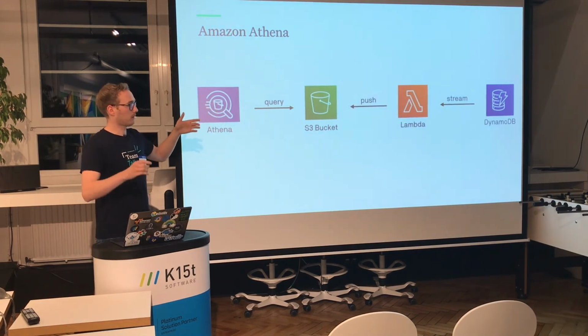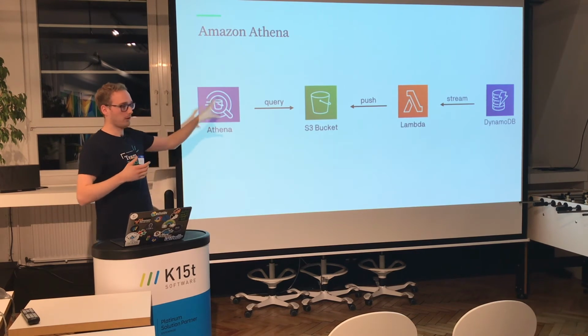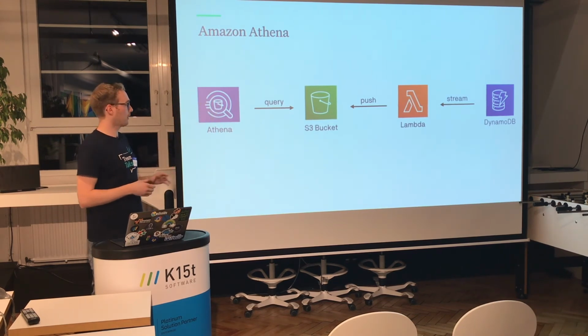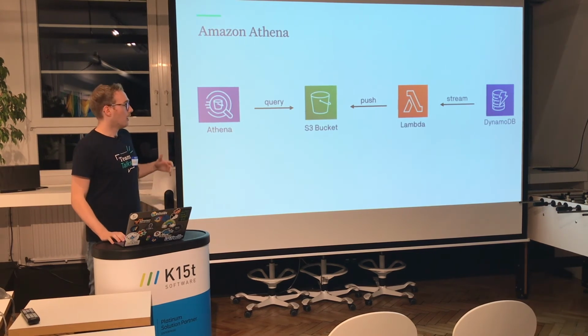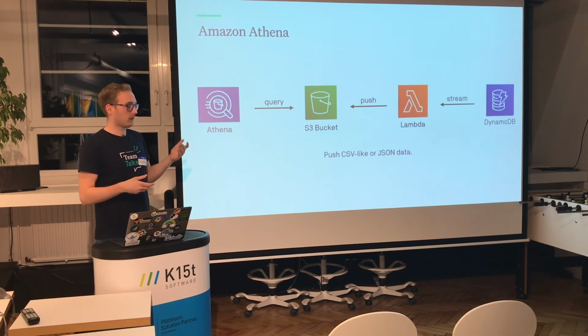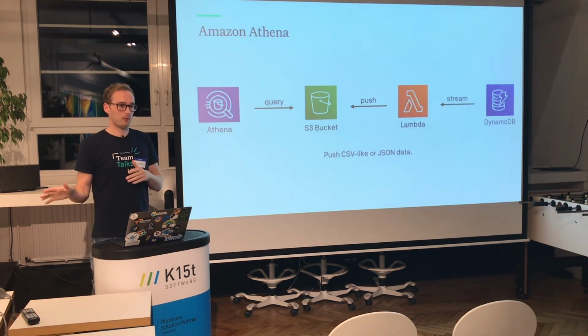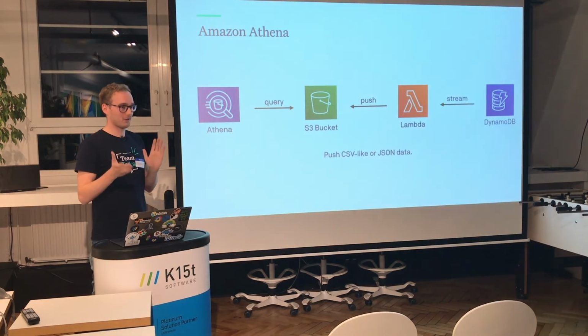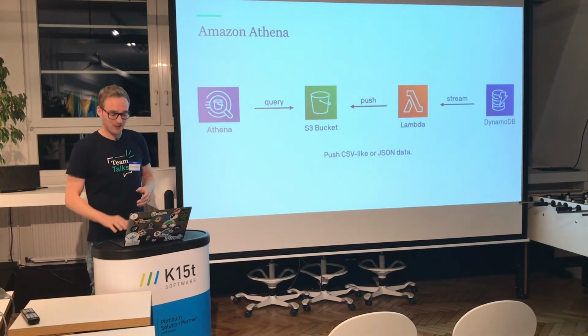Instead of pushing the data from the Lambda function to Redshift, we just push it to our S3 bucket, and on this bucket we can then run queries on our data using Athena. You can push any kind of data like CSV or JSON, but they also support some other formats, Parquet and so on. I'm not too much into that, but maybe some others of you are.